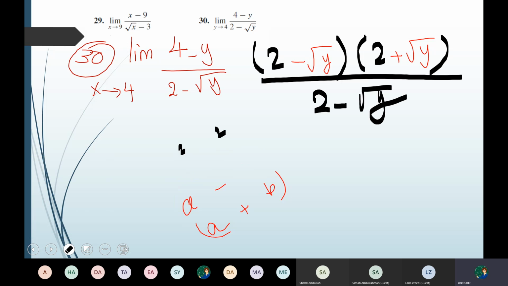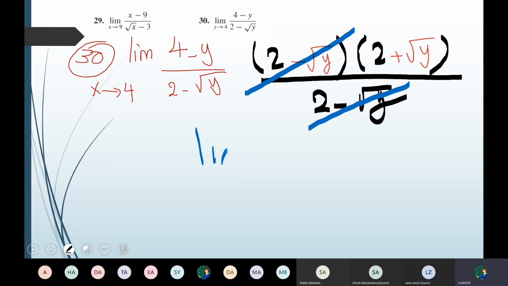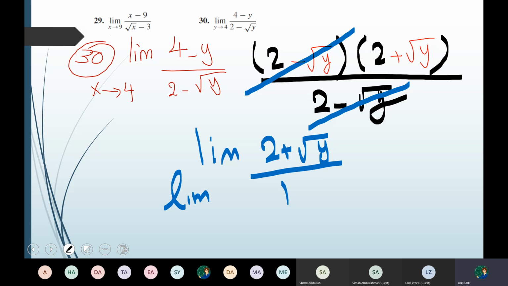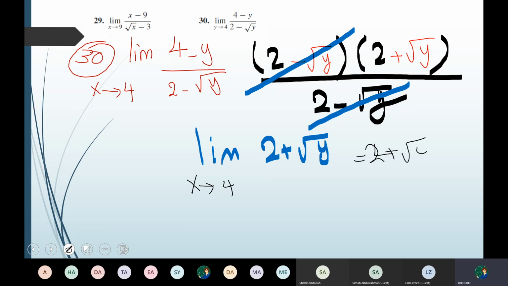After that, now, can I simplify? Yes. So limit of 2 plus square root of y over 1 when y approaches 4 is equal to 2 plus square root of 4, which is 2 plus 2 equals 4.